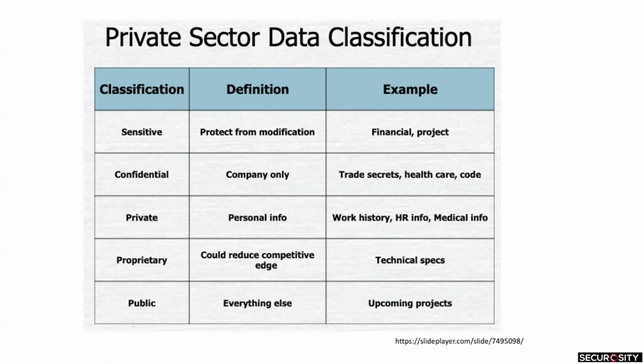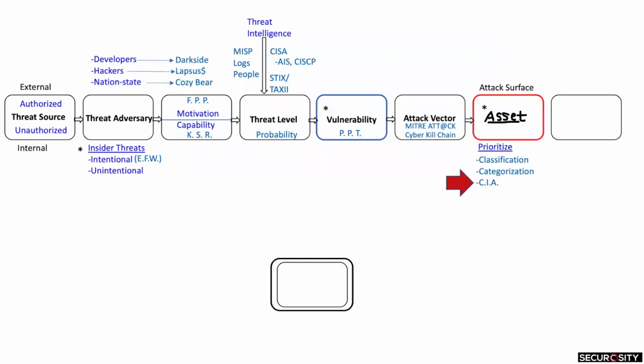Here's an example of a private data classification. The classification may differ from one organization to the next based on business requirements. Another element to aid with prioritization is the CIA triad.